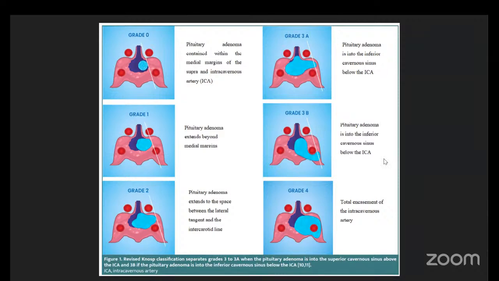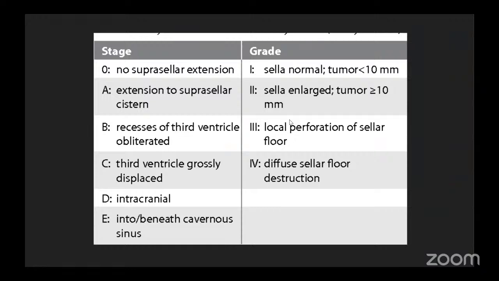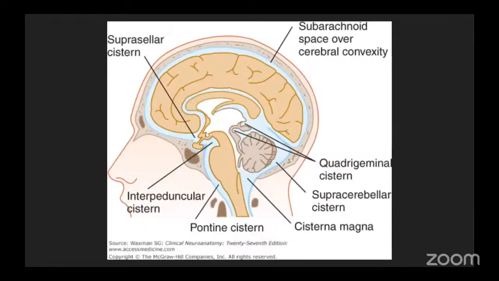So what ends up happening is, if there is no suprasellar extension, then it's stage 0. If there is extension to the suprasellar cistern, then it is stage A. If the recess of third ventricle is obliterated, a recess would be here, then it's going to be B. If this is displaced, I have an image in the radiology where the third ventricle is grossly displaced, then it is going to be grade C. And intracranial is grade D. Any lateral extension is going to grade it very highly because cavernous sinus extension makes pituitary tumors relatively unresectable.